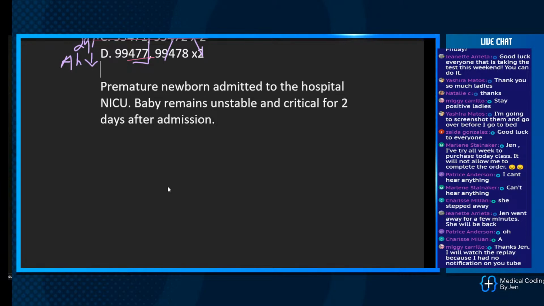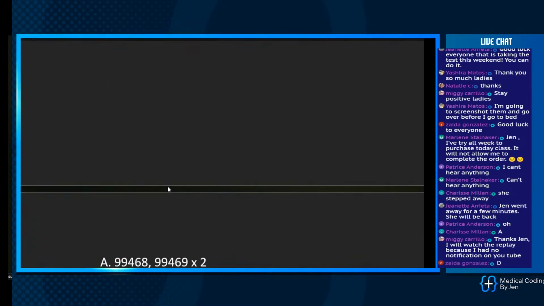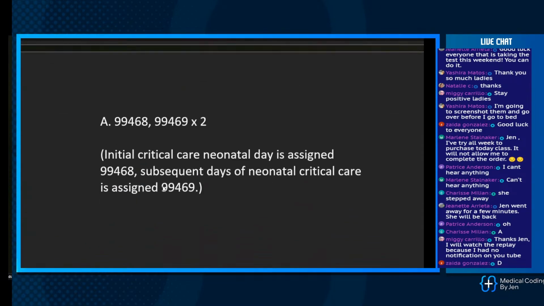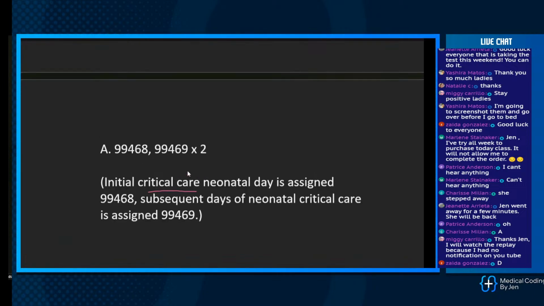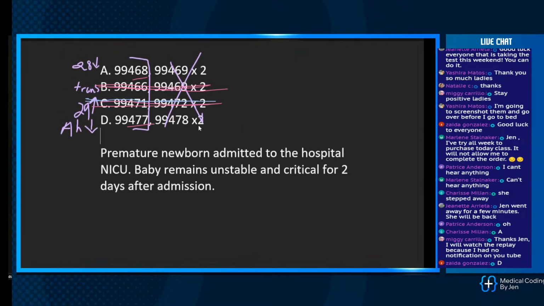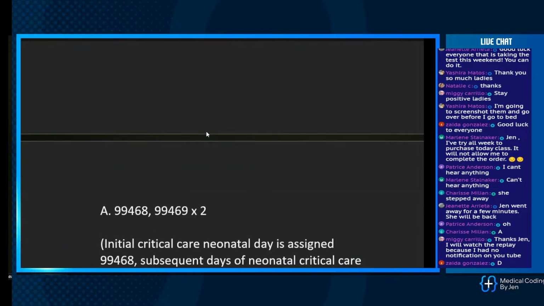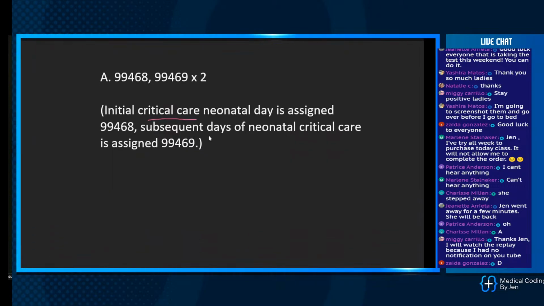What do you think? It is A. So the critical care words were important. Also, we have our subsequent days right afterwards that are also helpful for our critical care times 2, because we billed for 3 days. This was our admit, and this was for our 2 days afterwards.